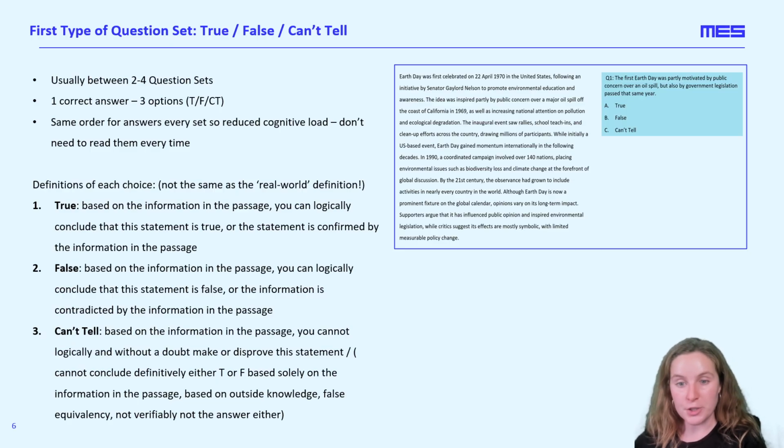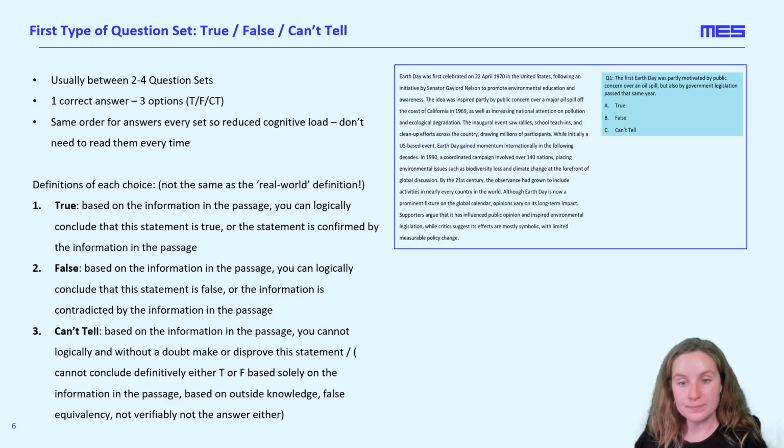The third option, the can't tell option, is a little bit of a trickier choice, because based on the information in the passage, you cannot logically and without a doubt prove or disprove this statement. So you don't have enough evidence to show that it is true, and you don't have enough evidence to show that it is false, based only on the information in the passage.